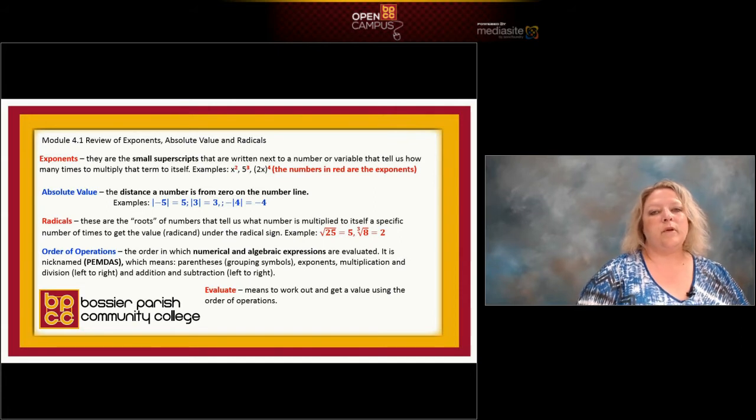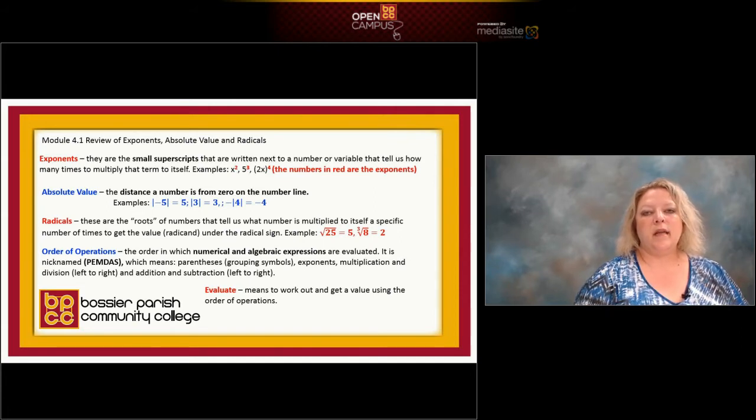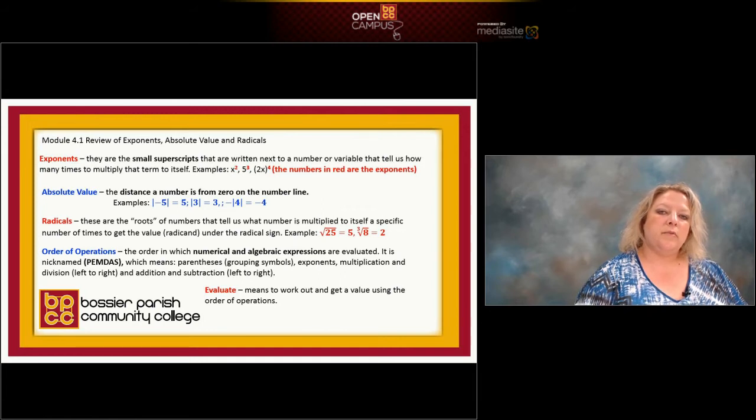Our next word that we want to talk about is absolute value. What is absolute value? Well, absolute value is the distance a number is from 0 on the number line. Because it represents distance, we cannot have a negative absolute value.